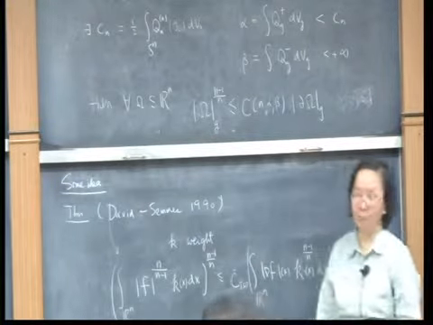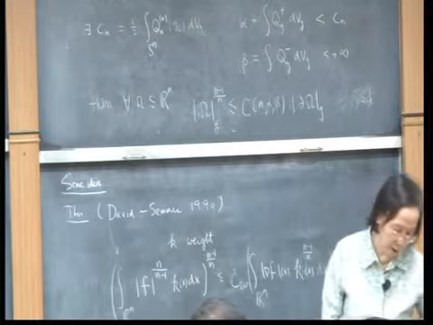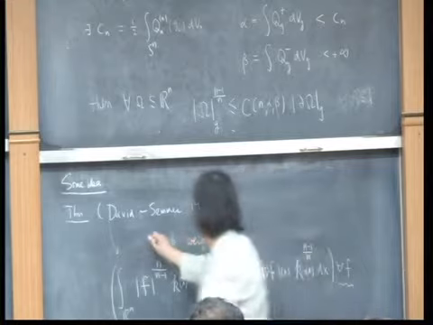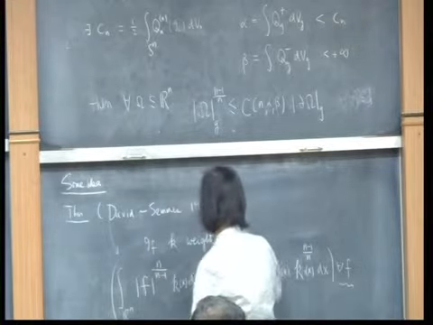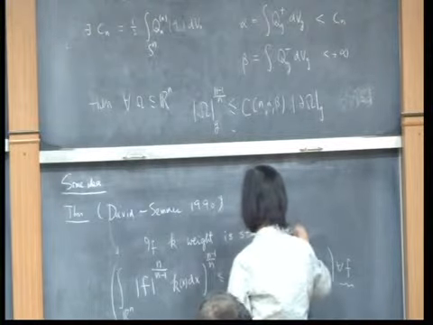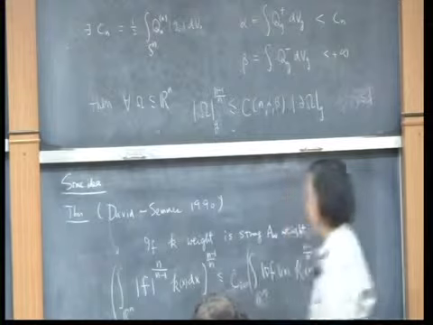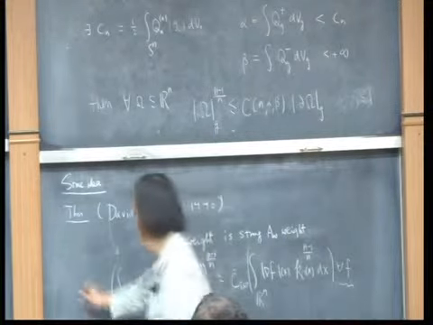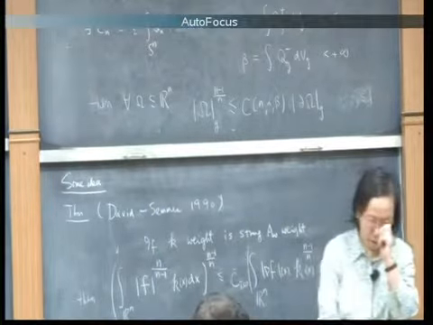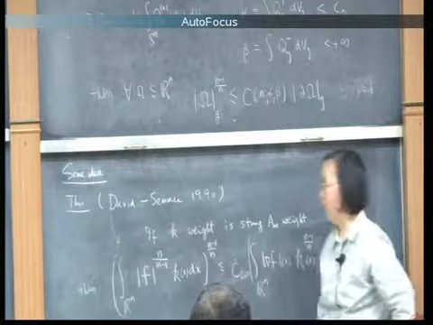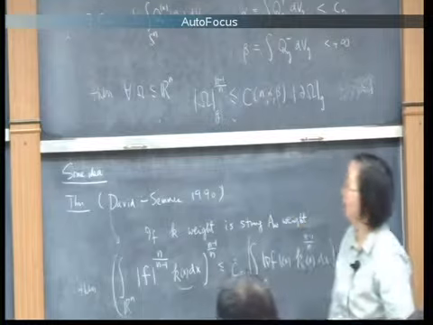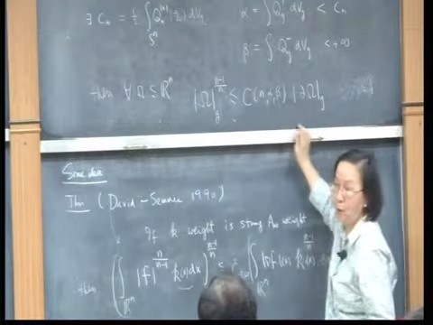And the condition they put is if this k is what they call a strong A infinity weight, then this inequality holds. Since this inequality really says that in the measure space k(x) dx, there is an isoperimetric inequality.